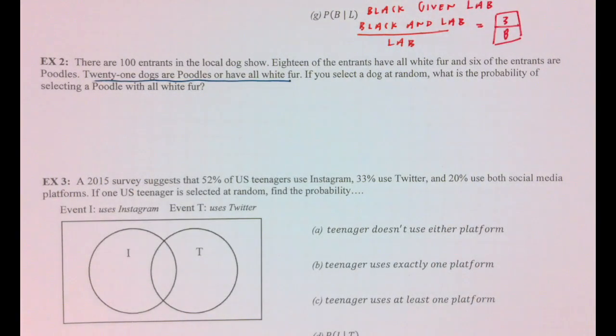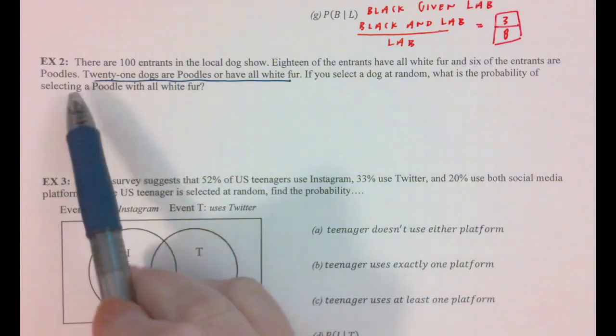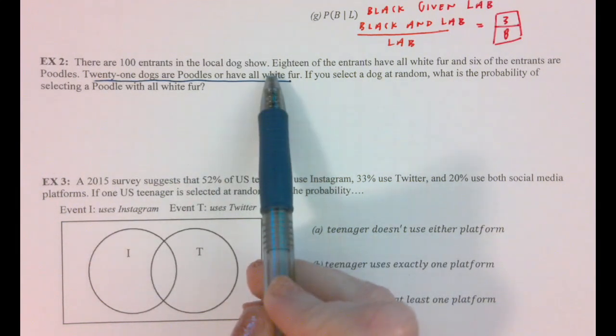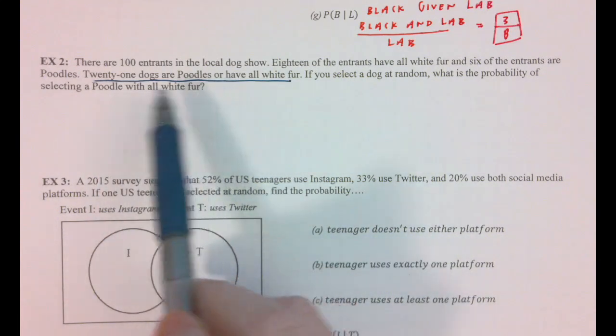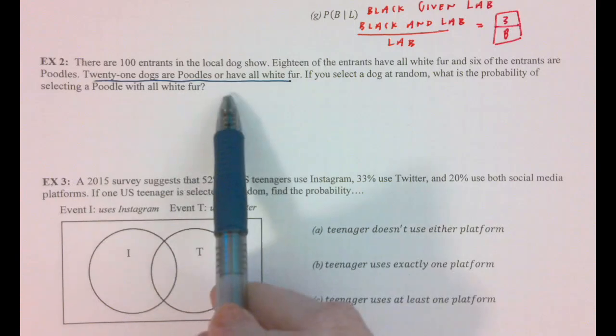I'm not giving you the intersection this time. If you select a dog at random, what is the probability of selecting a poodle with all white fur? So in this case, I'm giving you the union, the or, and I want you to solve for the intersection, the and, a poodle and white fur.